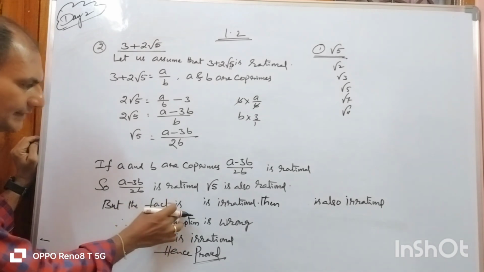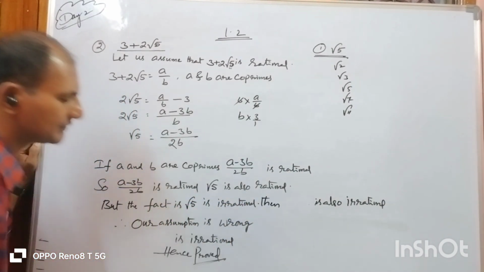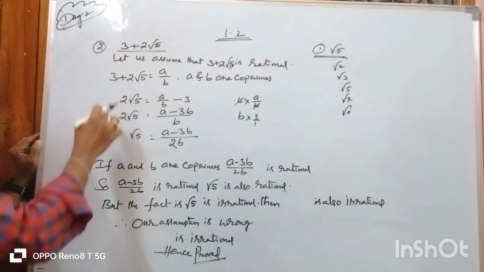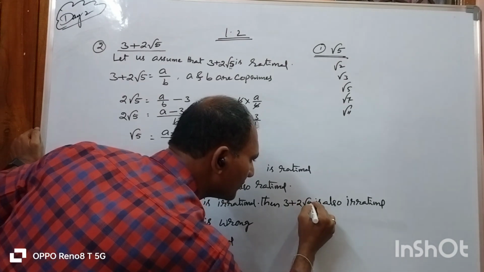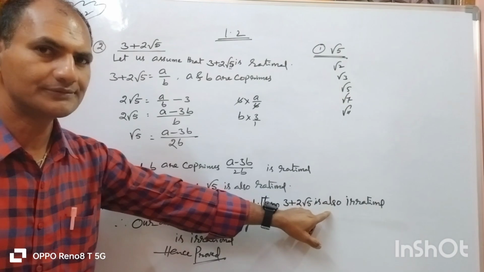But what is the fact? Root 5 is irrational. If root 5 is irrational, this total, 3 plus 2 root 5, is also irrational. So this is irrational means our assumption is wrong.